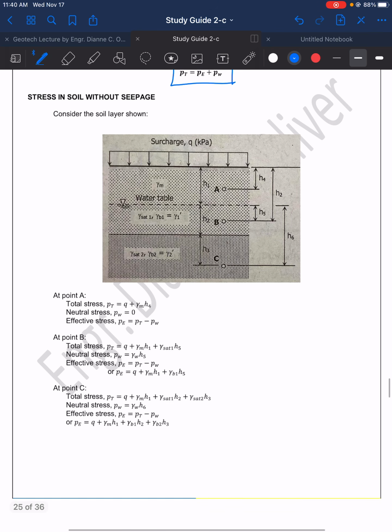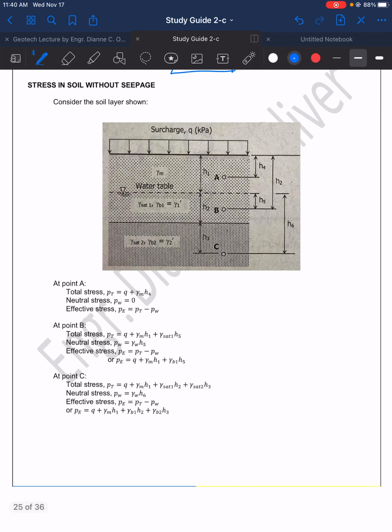Okay, let's consider the soil layer here. This is the stress in soil without seepage. Now, let's do some calculations for this soil layer. Let's compute for the total stress, neutral stress, and the effective stress for point A. Let's compute for the total stress, neutral stress, and effective stress for point B. And let's compute for the total stress, neutral stress, and effective stress of point C. Okay?